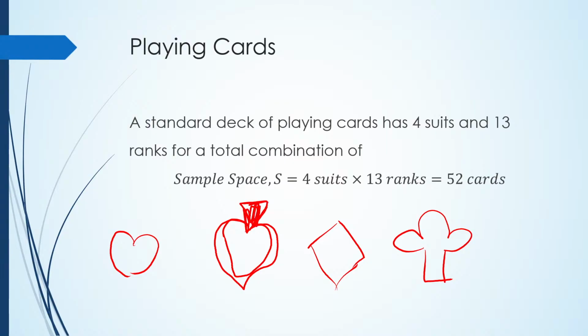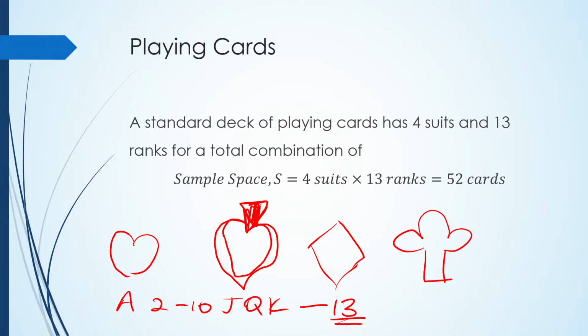Right. So each suit has 13 ranks. You'll have your ace, you have 2 to 10, you have a jack, a queen comes next, and then a king, for a total of 13 ranks, right?